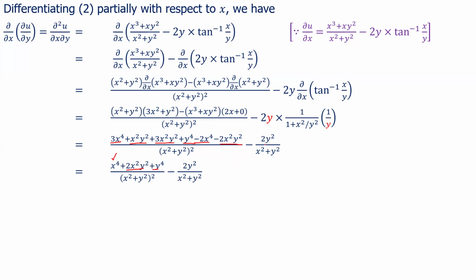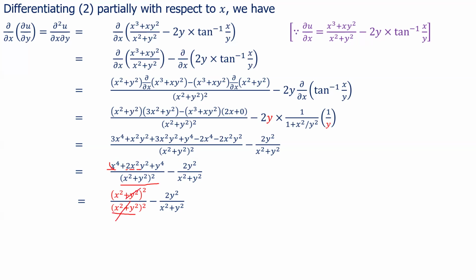And here, minus 2y square upon x square plus y square. Let us again simplify it. It is nothing but (x square) whole square plus 2x square y square plus (y square) whole square. So this is nothing but (x square plus y square) whole square divided by (x square plus y square) whole square.